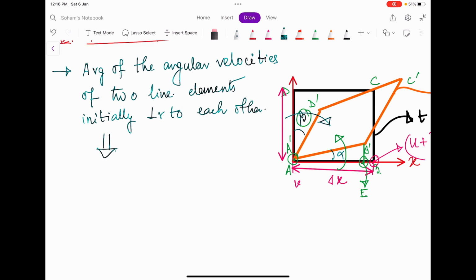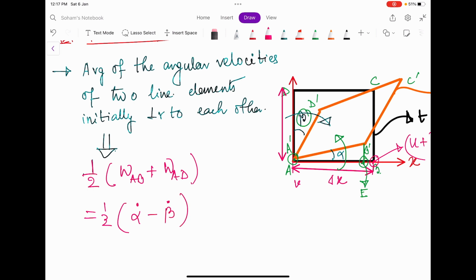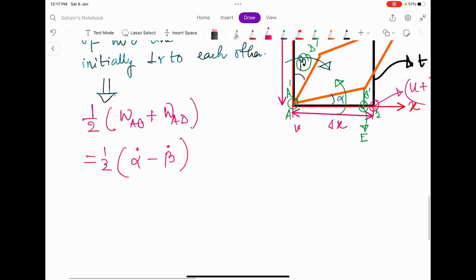So this definition essentially boils down to half into omega of AB plus omega of AD. This is nothing but alpha dot and minus beta dot, because these two are having rotations in opposite directions.